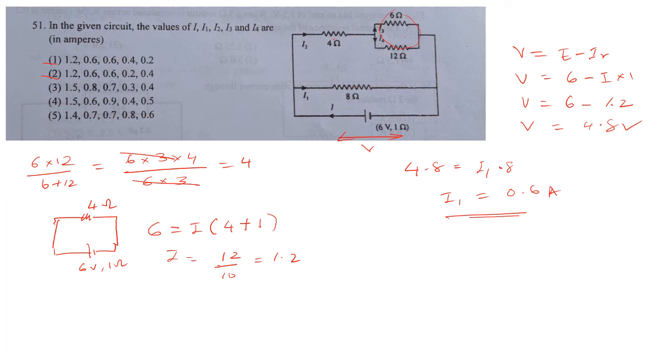Now we know I1 is 0.6 ampere, so the remaining 0.6 will be flowing through this one.